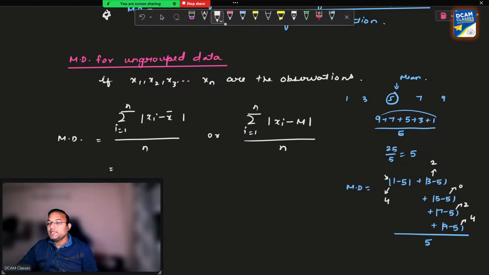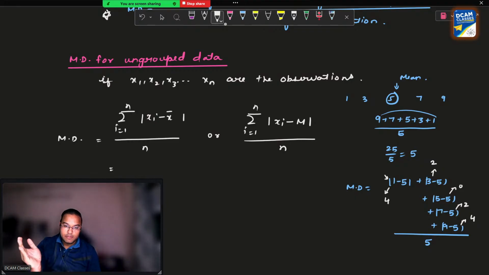The important thing that you can see is that the deviation value before the mean and after the mean will be actually the same, more or less. So once you have got the values before, you can just repeat those values without doing the calculation. But you have to be careful about the modulus.